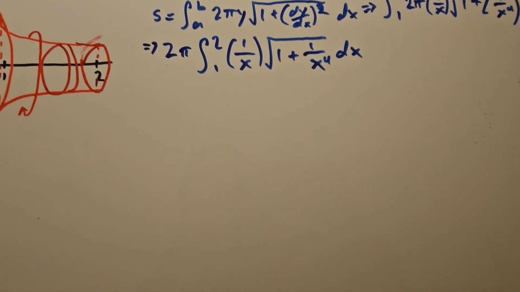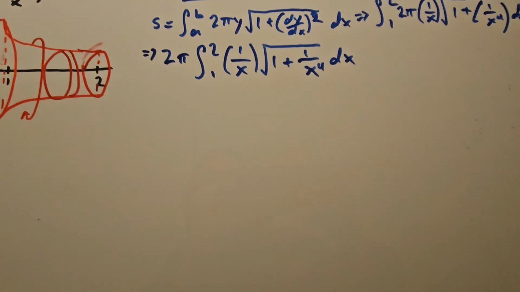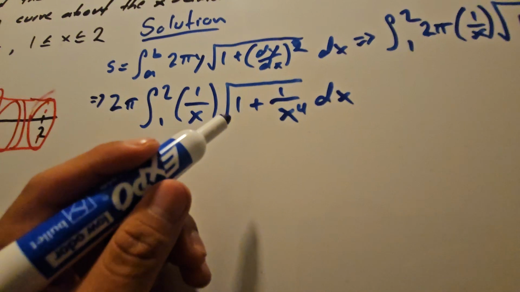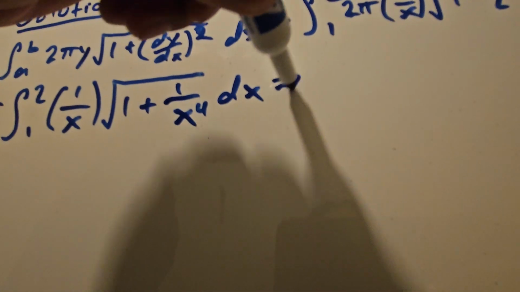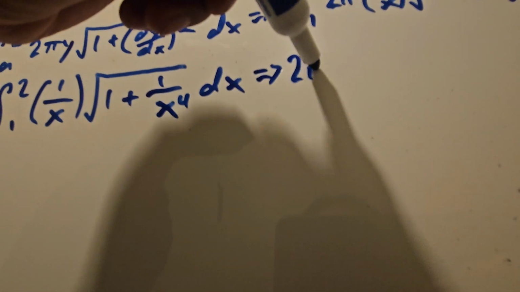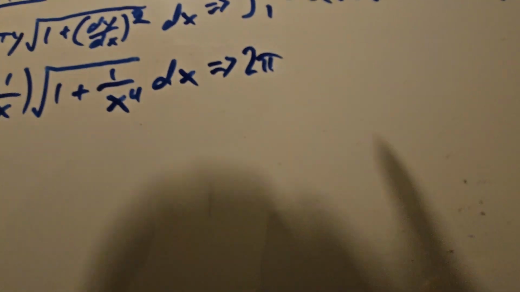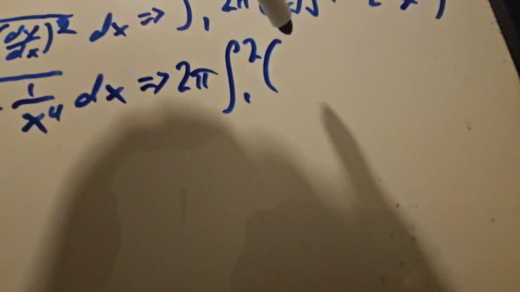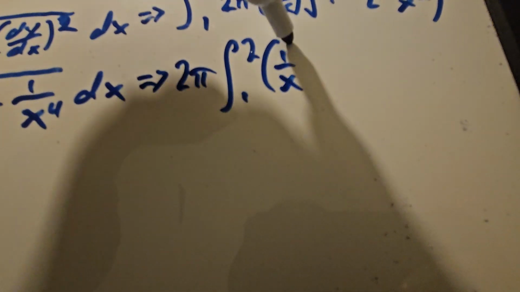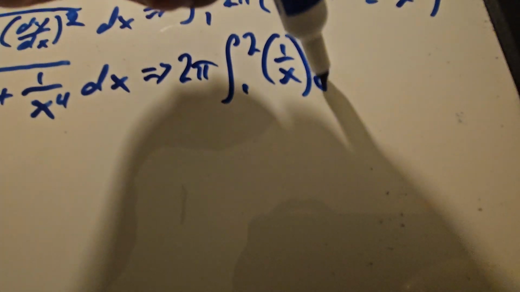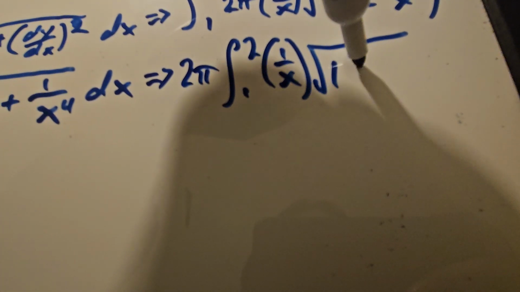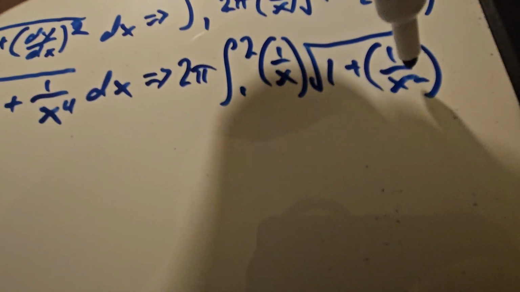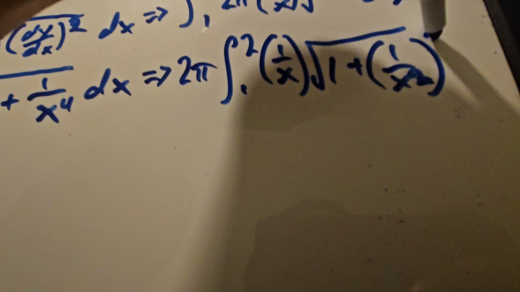Actually, first let's rewrite this. We're going to rewrite it as 2 pi, the integral of 1 over x times the square root of 1 plus (1 over x squared) to the 2nd power dx.